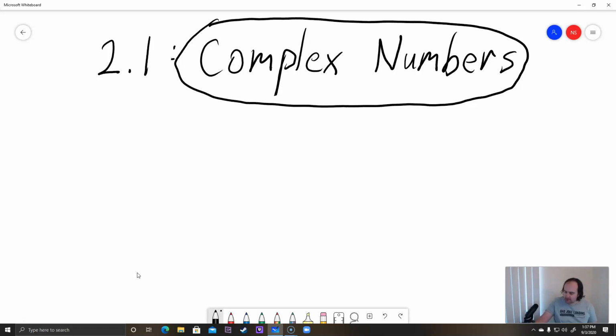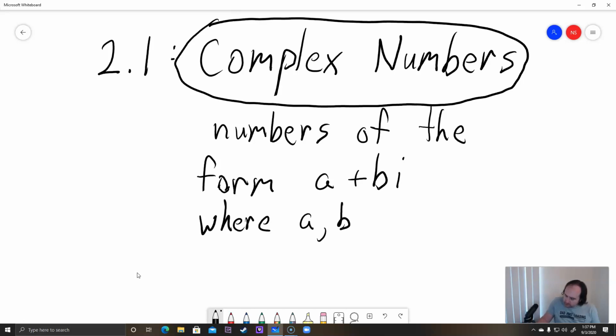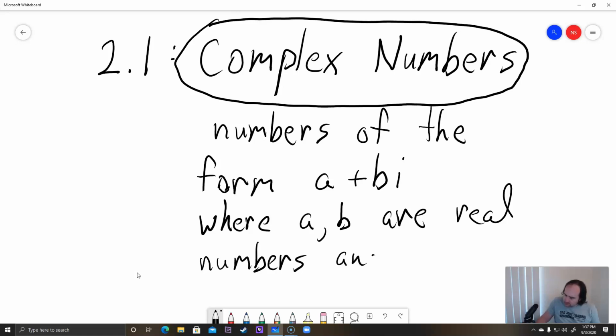Okay, so complex numbers are numbers of the form a plus bi, where a and b are real numbers, and i equals the square root of -1.